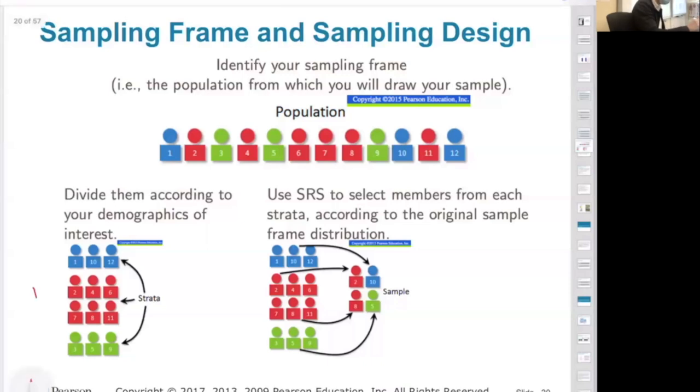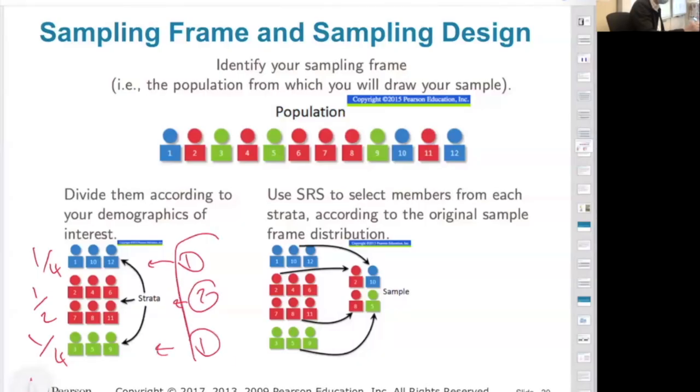A half, 1/4, 1/4, right? So if you need 4, you will take from here just 1, and from here 2, and from here 1. So the total now is what? Is 4. So this sample now represents your population. Okay? Do you see what I mean here?